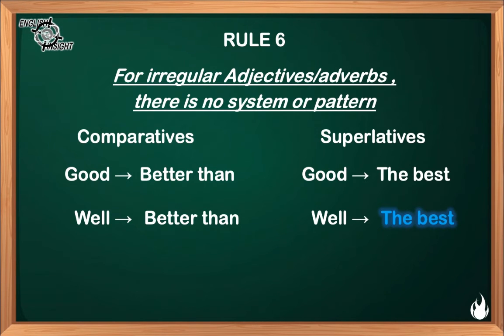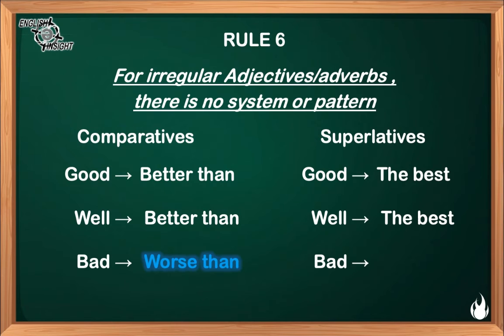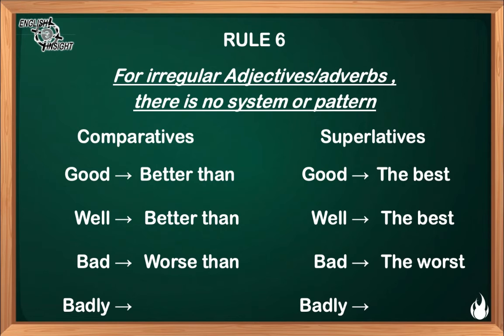Notice that we use the same comparative for the adjective and for the adverb. The same happens for the following. Bad, the comparative is worse than, and the superlative, the worst. And it's the same for the adverb. Badly, we say worse than, and the worst.